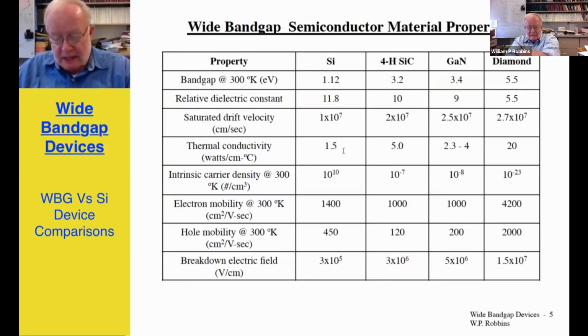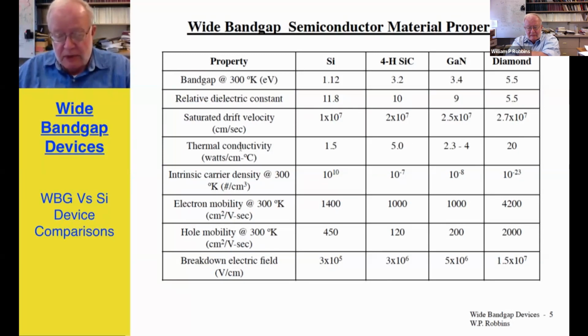Thermal conductivities. Silicon is only about 1.5 watts per degree C centimeters. Silicon carbide is 3 to 4 times better. Gallium nitride is a couple of times better. Diamond is significantly better.